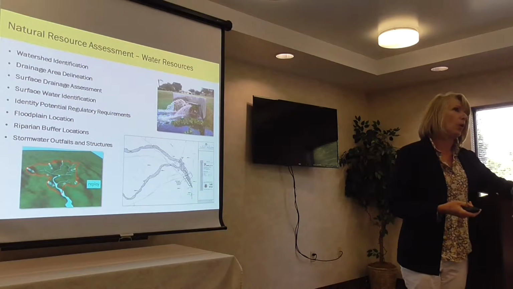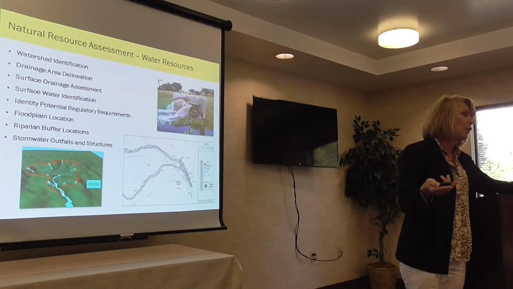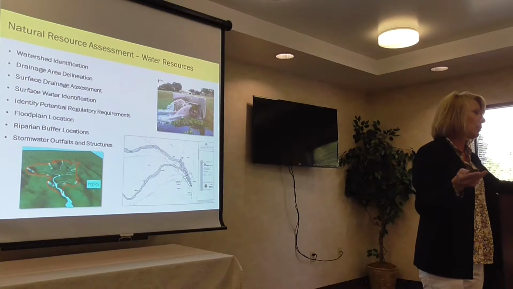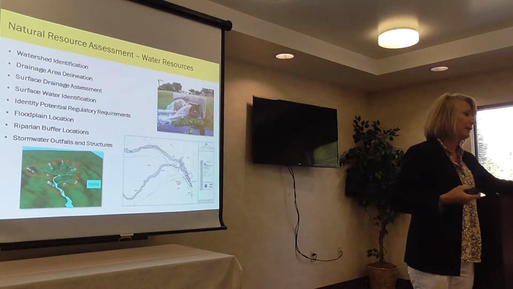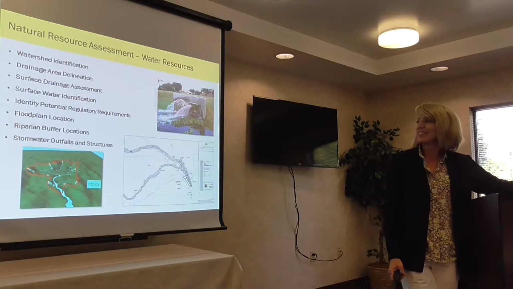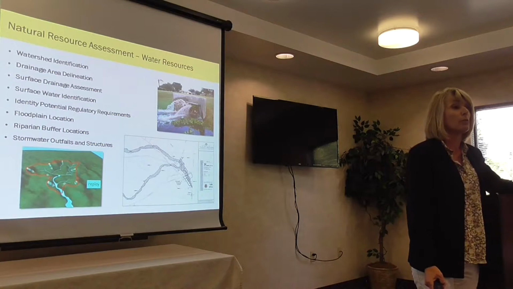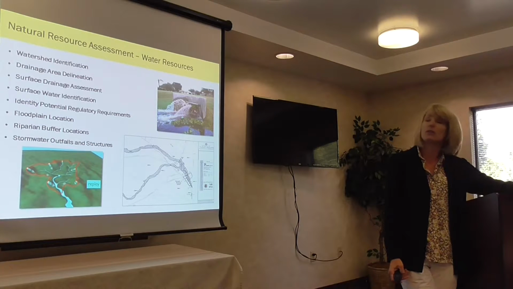So, for instance, a drainage trench may be perceived as an intermittent stream or something like that, but it doesn't have the regulatory significance of, say, a high quality intermittent stream, or a stream that's a tributary, something like that.